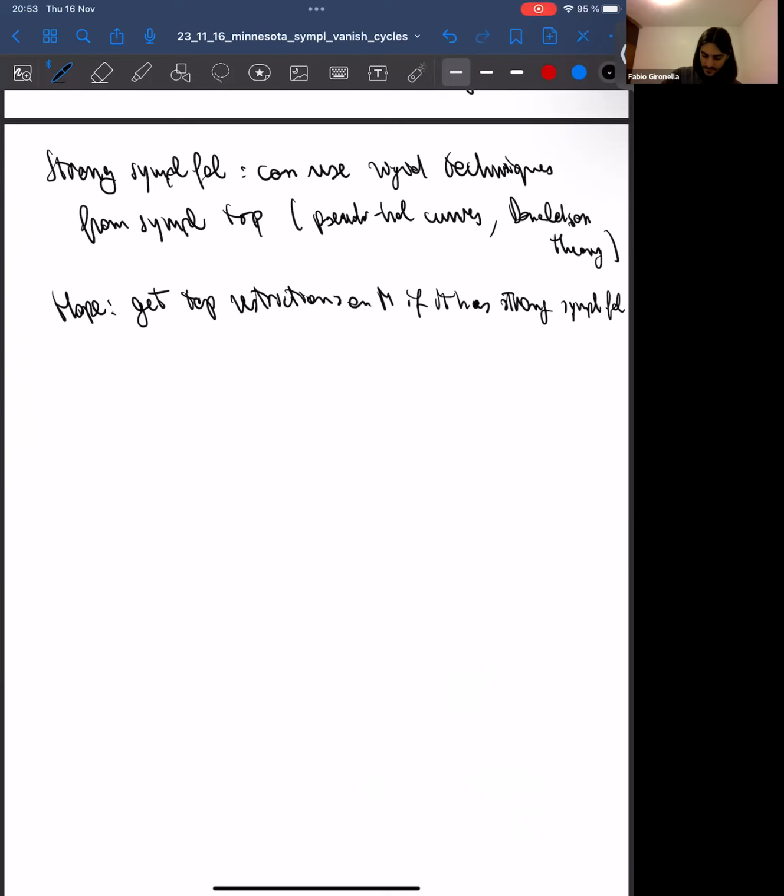There's one known result by Venugopalan, which seems to be saying that this is maybe not the case, but it says the following.